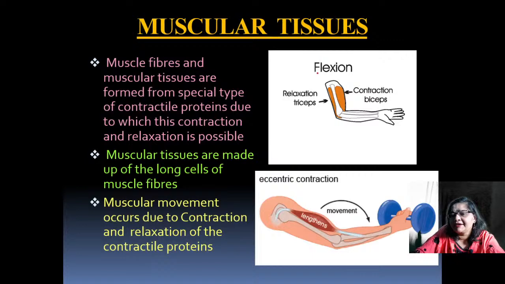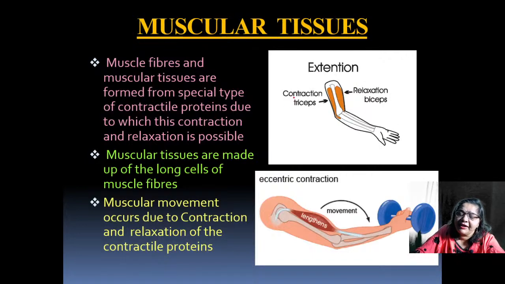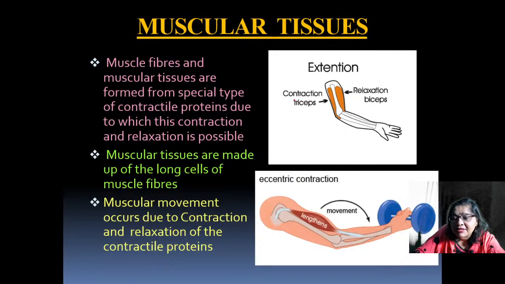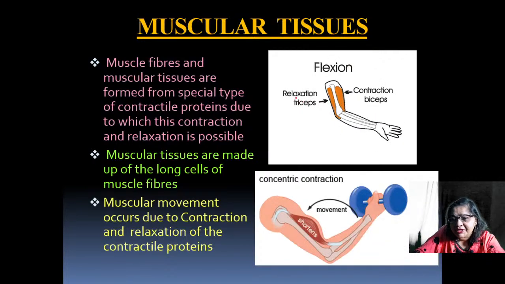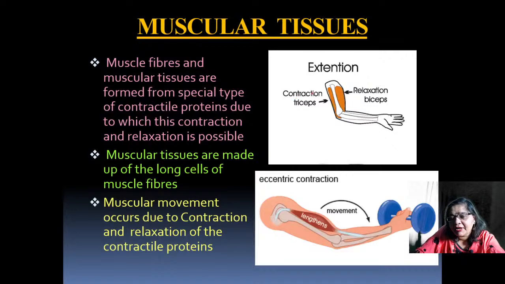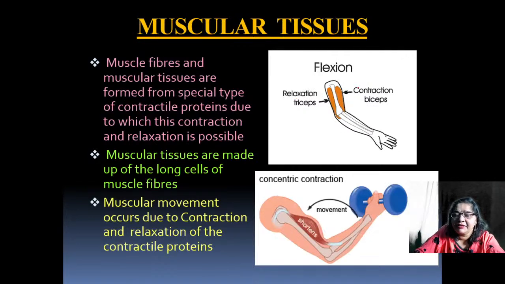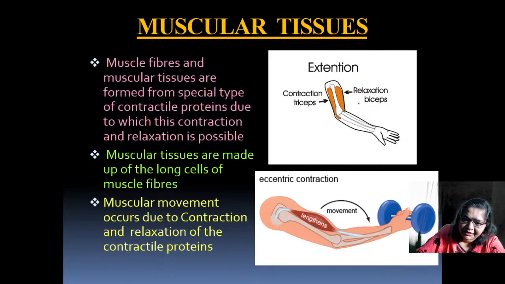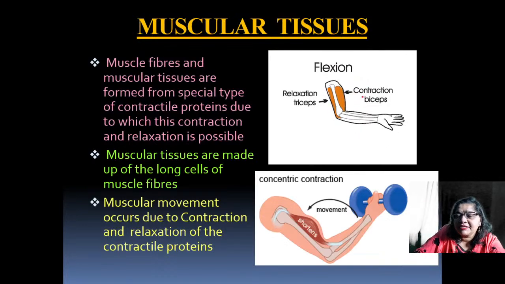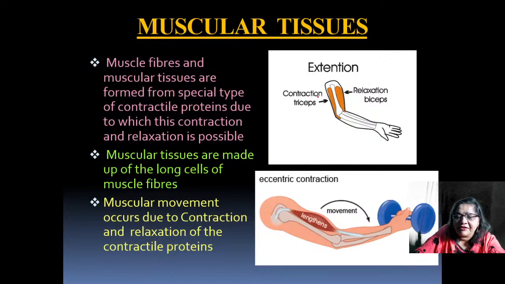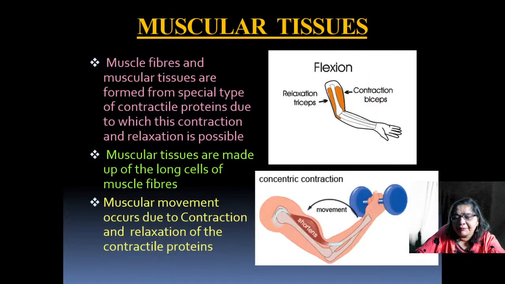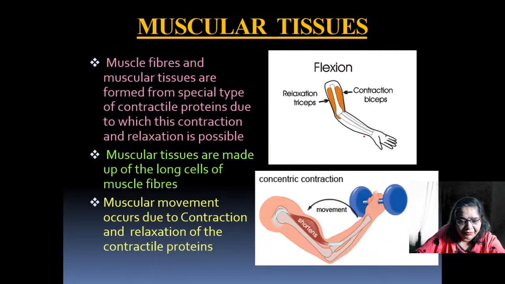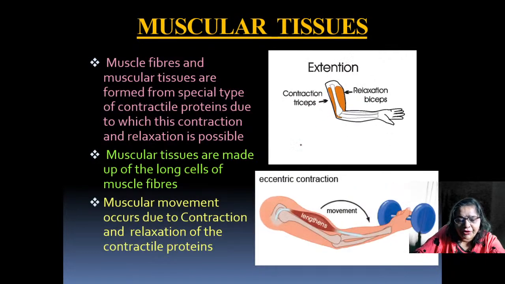So you can see here the flexion and the extension, where the muscles are helping in contraction and relaxation. Simultaneously this function is being done whenever we move our hands, right? Can you see here the biceps and the triceps contracting and relaxing when it is needed, when you fold and unfold the arm from your elbow joint.